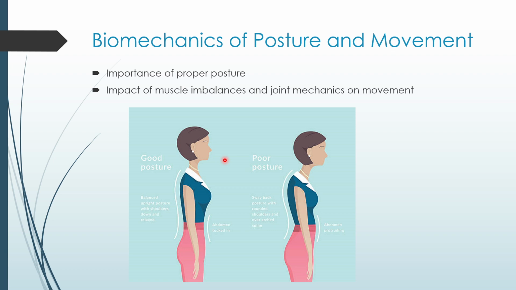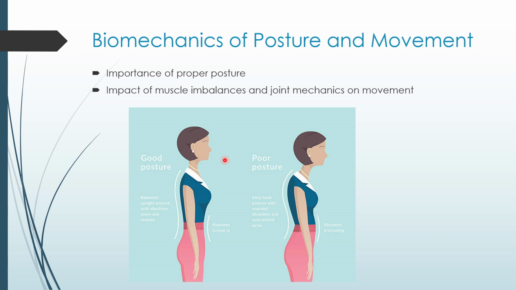We need to know the importance of proper posture, so that our systems are used for a very long time. That's why we need proper postures, to avoid future disorders or discomforts in our body.